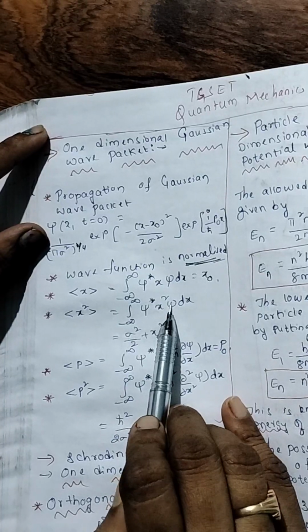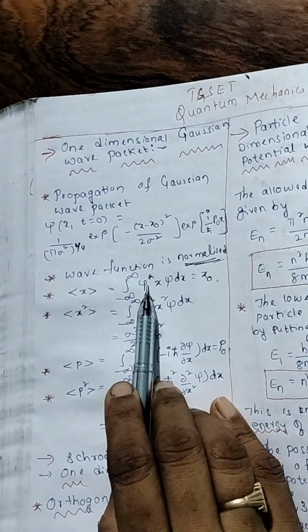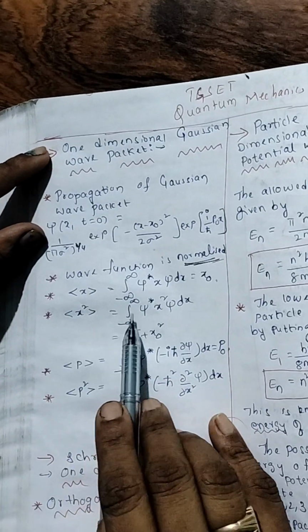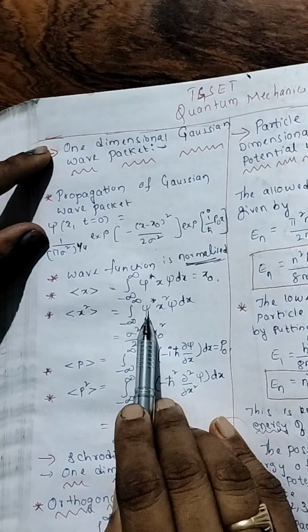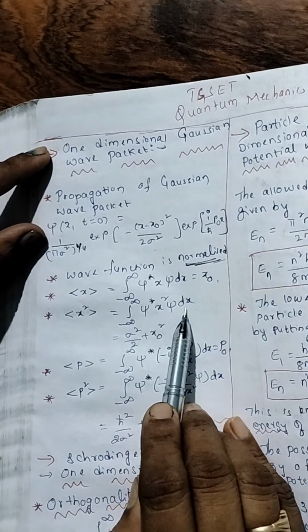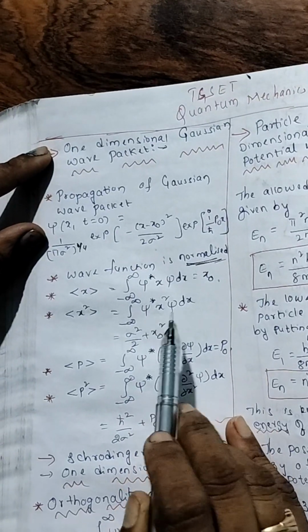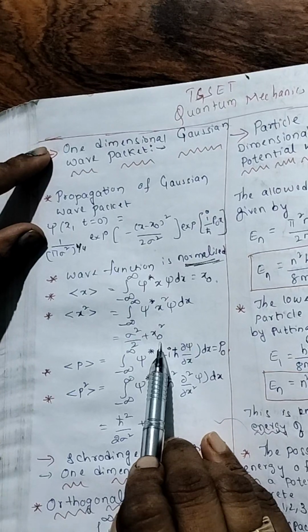Psi is the wave function, and psi star is the complex conjugate of the wave function. The expectation value of x square is the integral from minus infinity to infinity of psi star x square psi dx. In place of x, I substituted x square. That is equal to sigma square by 2 plus x naught square.